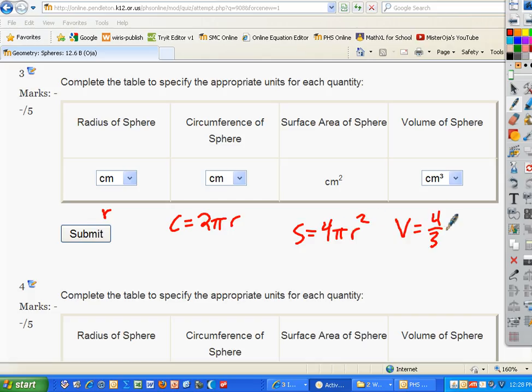Volume is 4/3 pi r cubed. Notice that if there's just a plain old r, what's the power? 1. Good. So the power of 1 goes with the power of 1, the power of 2 goes with the power of 2, and the power of 3 goes with the power of 3. See how that works?